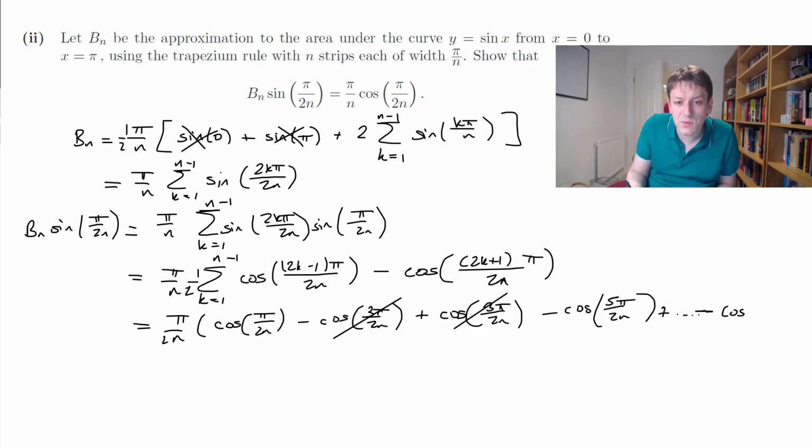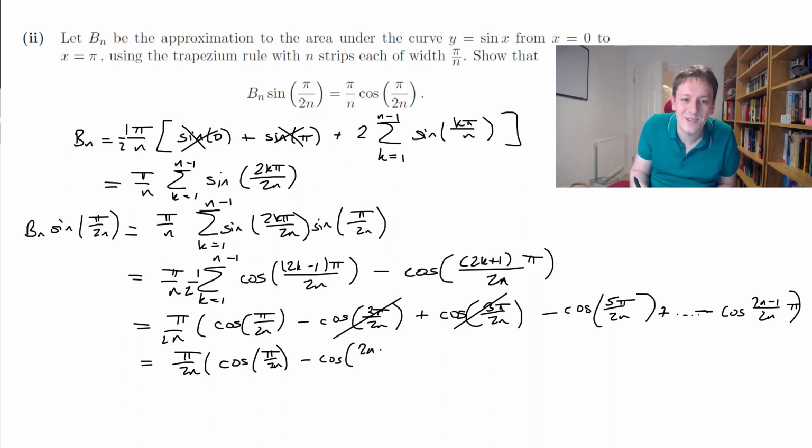So with n minus 1 here I get 2n minus 1 plus 1, which is just 2n minus 1, divided by 2n times pi. So everything cancels apart from cos of pi over 2n minus cos of (2n minus 1) over 2n pi.